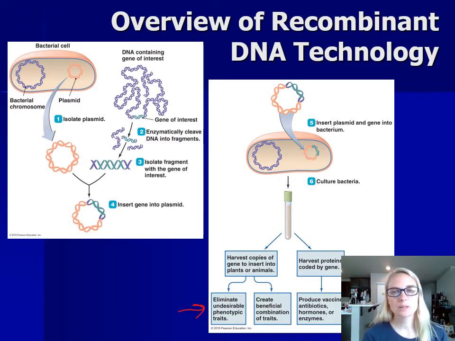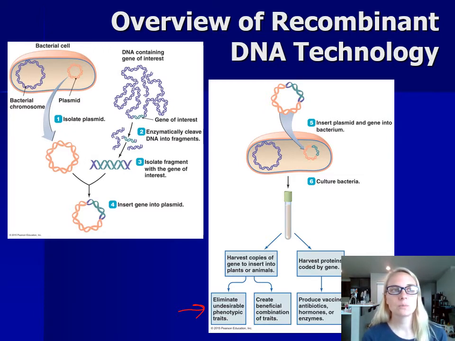Diabetics prior to genetic recombination technology used cow and pig insulin, I think mainly pig insulin, to be able to regulate their blood glucose levels, which works, but it's not very good because it's not human insulin.